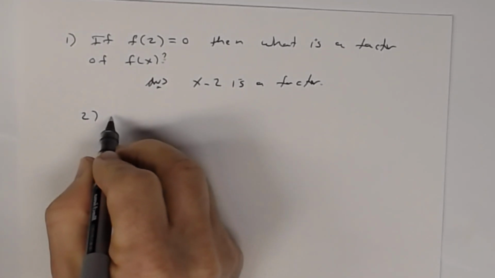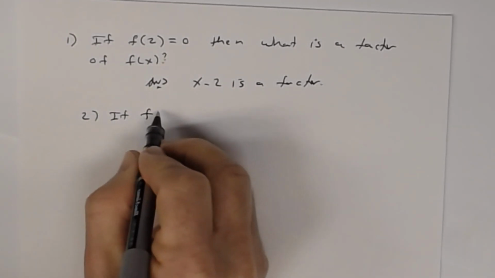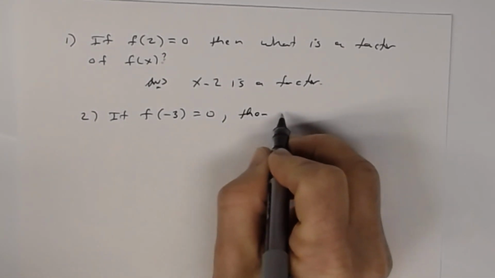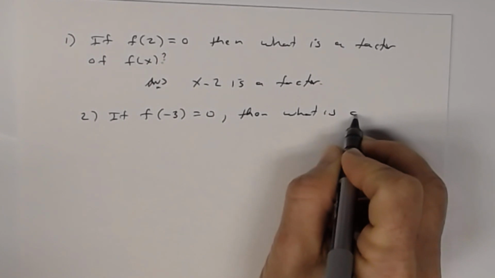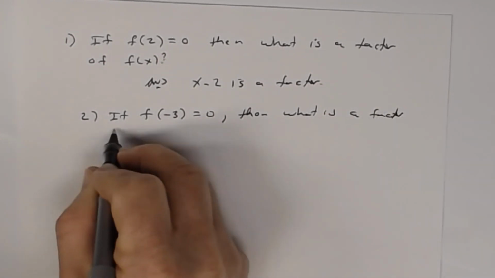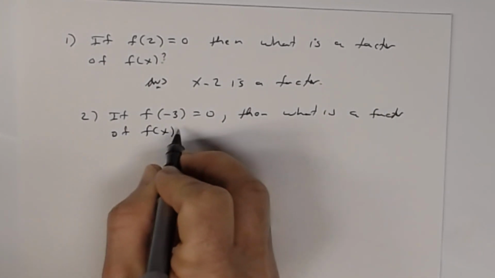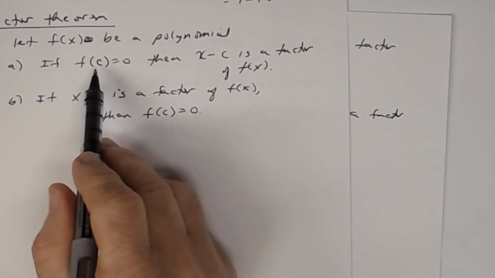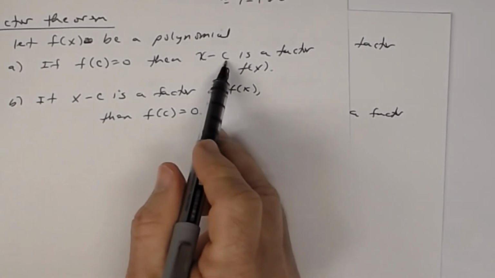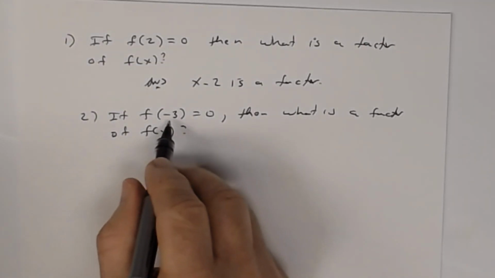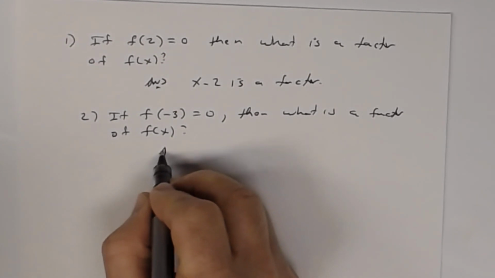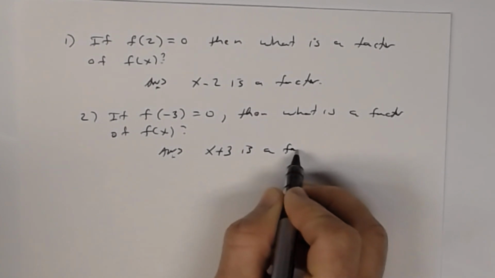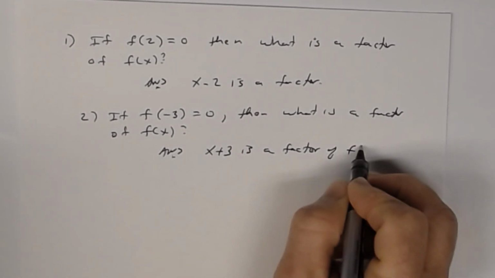Number 2, what if you had f of negative 3 is equal to 0? Then what is a factor of f of x? Remember, if this is c right here, then it's got to be x minus c. So the answer in this case, you would say x plus 3 is a factor of f of x.